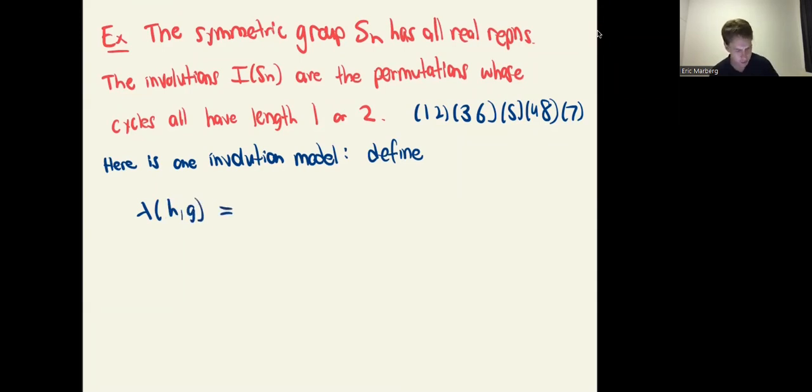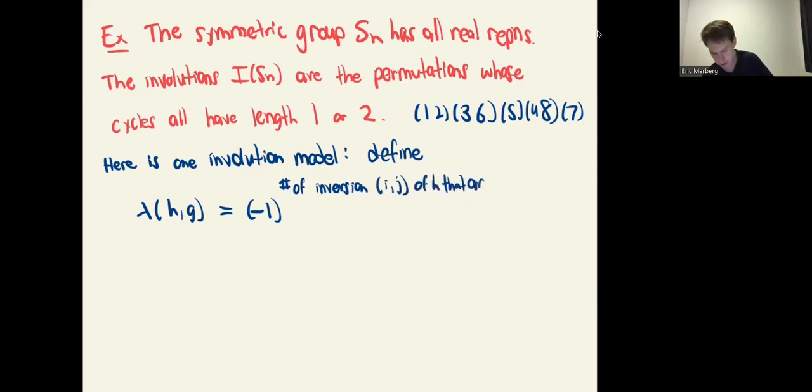I'm going to define this scalar to be -1 to the number of inversions, so these are pairs ij of H that are cycles of G. Where by inversion, I mean i is less than j and H of i is greater than H of j, like this. So we have this relatively simple formula.